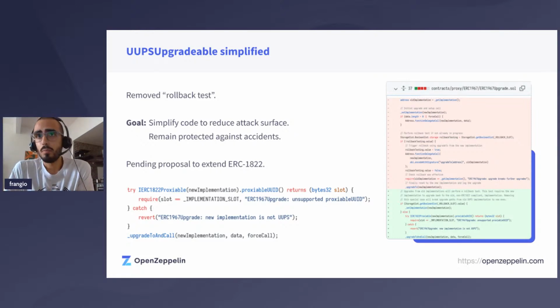This is pending a proposal to extend ERC 1822 that we want to make, because we were not able to follow that to the letter because of the way that our proxies work. But the core of the mechanism is here in these 5 lines, and it's actually really easy, I think, to read it and understand what is expected of a new implementation. But anyway, all of this is documented. So please feel free to go ahead and review it and check out the documentation and so on.